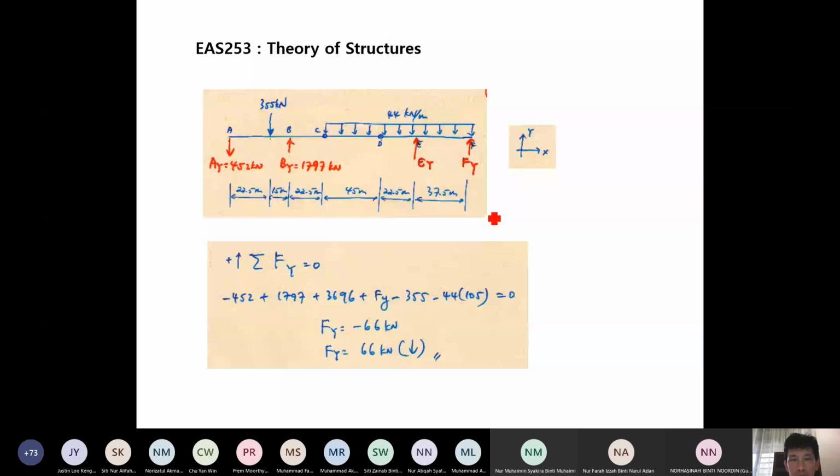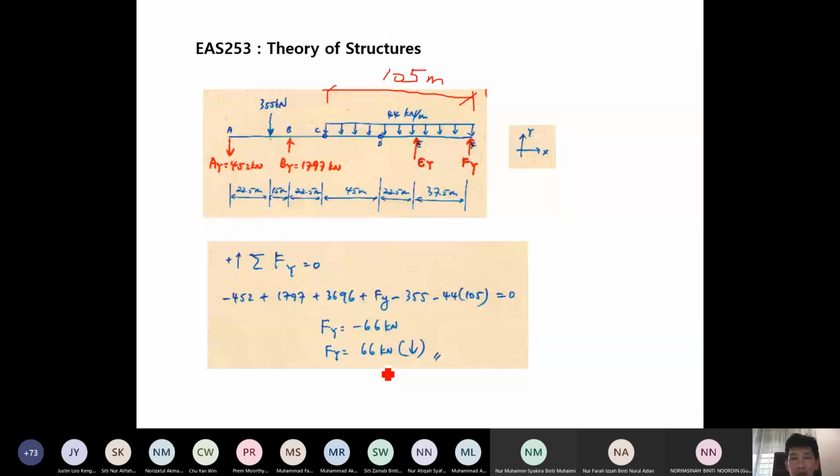So FY here, negative 355 coming down. This one, 44 multiplied with 105, coming down, because this distance is 105 meter. So solve this, you get FY negative, which means the direction is actually acting downwards with the magnitude 66.